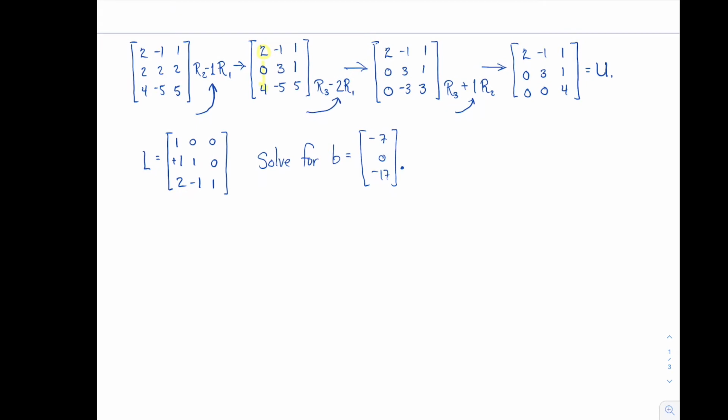So here we go. We start with LC equals B. So 1, 0, 0, 1, 1, 0, 2 minus 1, 1. There's L times C, C1, C2, C3, and then B is minus 7, 0, minus 17.